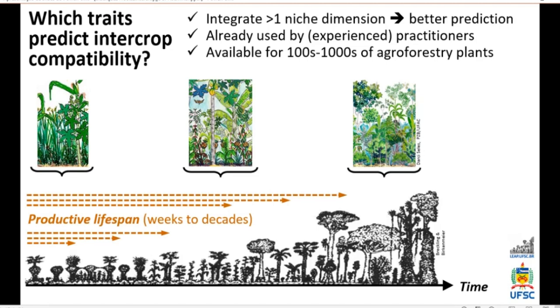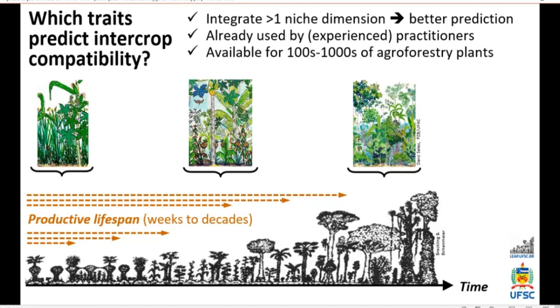So we need this tool to be highly flexible. So we would propose that the first most promising trait is the productive lifespan of plants. So how long a plant stays in the agroforestry system.